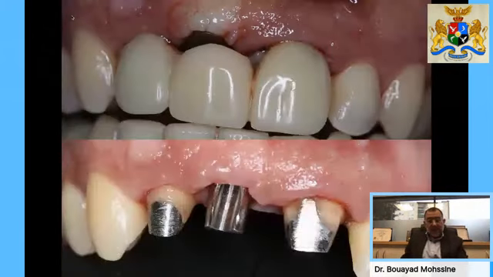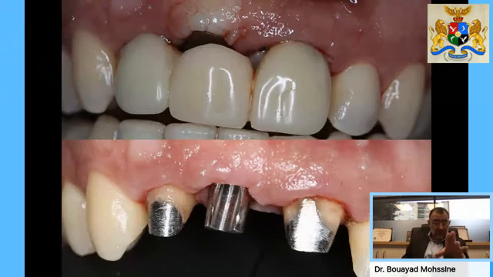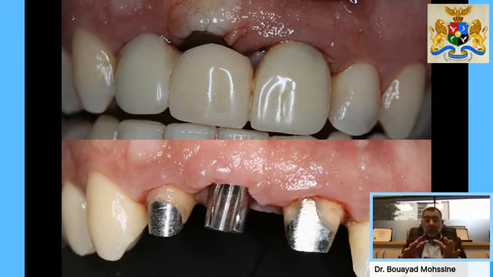We change the condition of the provisional bridge to not give pressure over the healing abutment, to give a good condition for the soft tissue to heal in very good conditions.